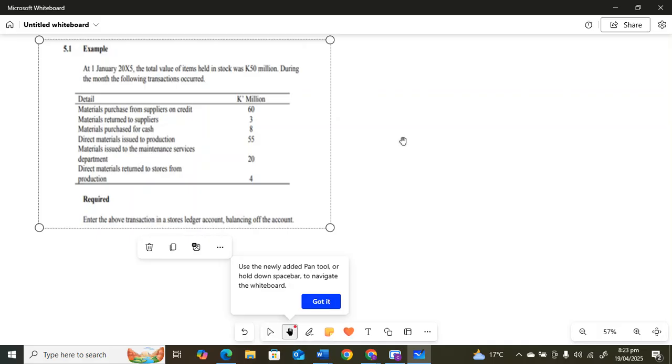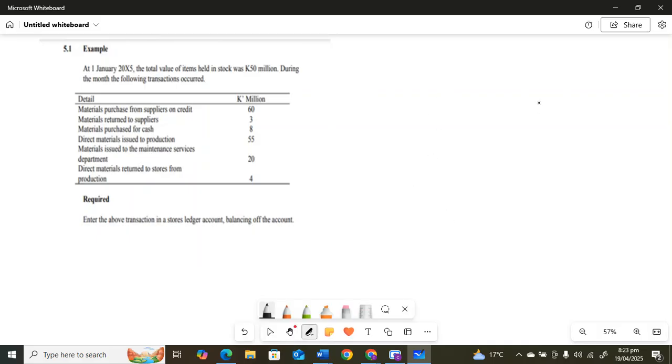So I'll put it like this here: debit, credit. For transaction one, we're going to debit stores, our inventory account, 60 million.